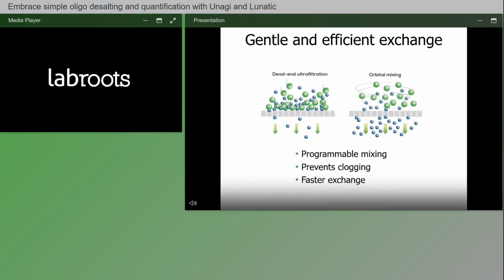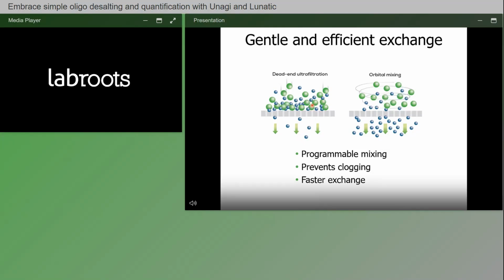This is an illustration of that dead end problem that you see with things like centrifugation. On the left, you can imagine you have a filter in a tube and a centrifuge. As the centrifugation runs, you're pushing your small molecules, your diluent, your buffer, through the bottom of your membrane.